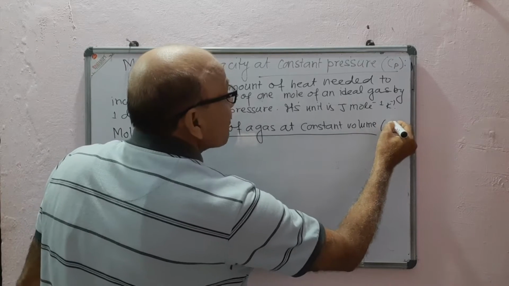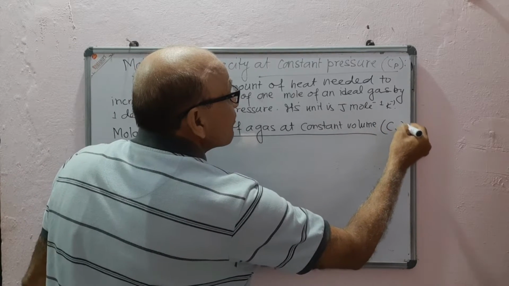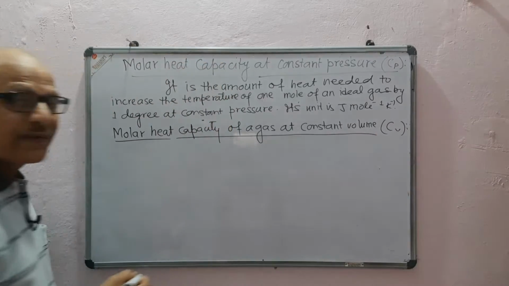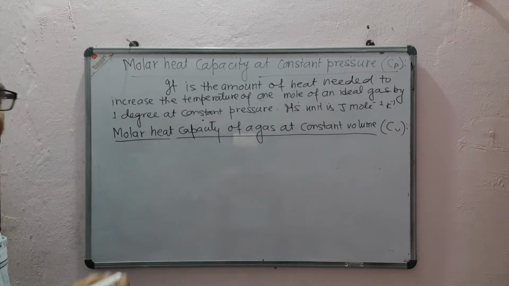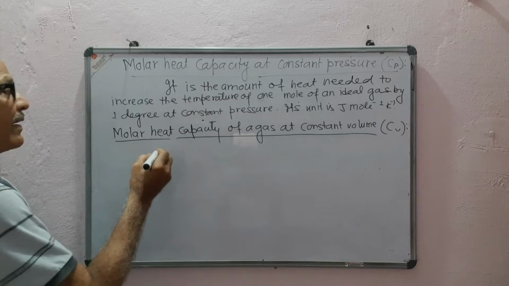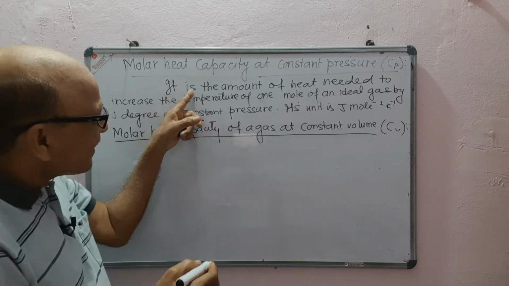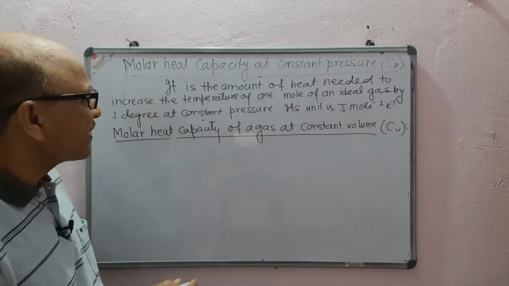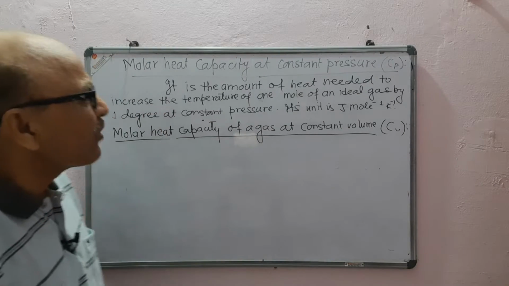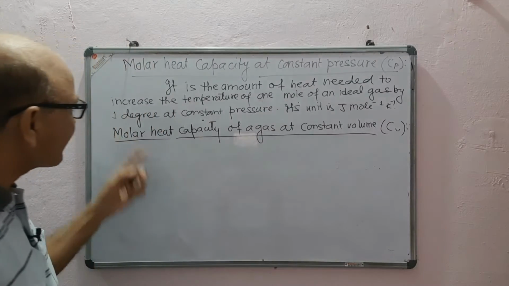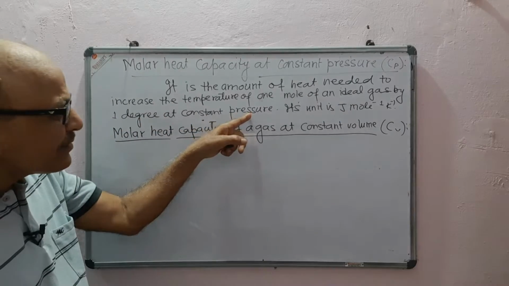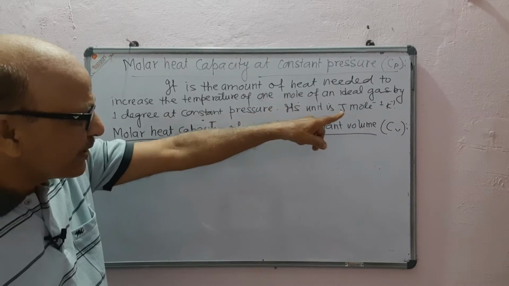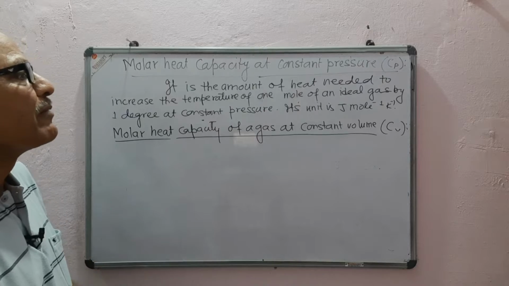Its symbol is Cv. Here volume is constant. It is the amount of heat needed to raise the temperature of 1 mole of an ideal gas by 1 degree at constant volume. Its unit is joule per mole per Kelvin.